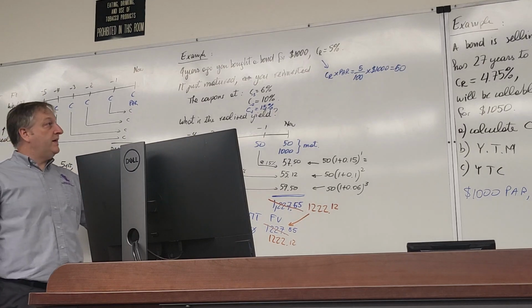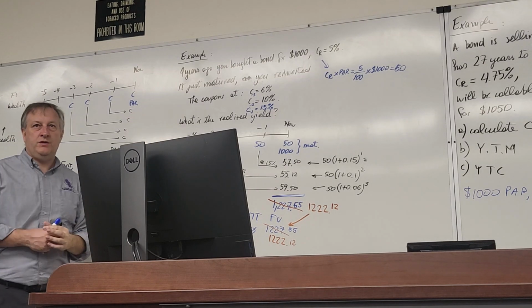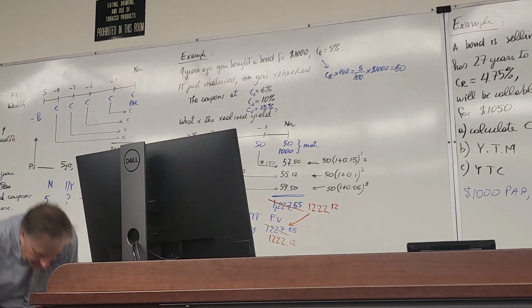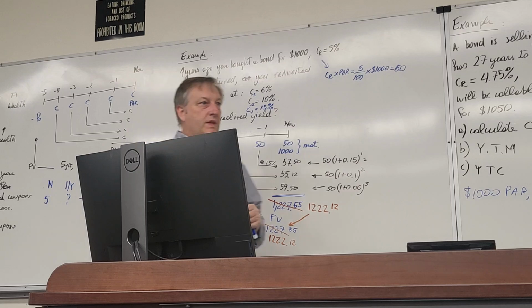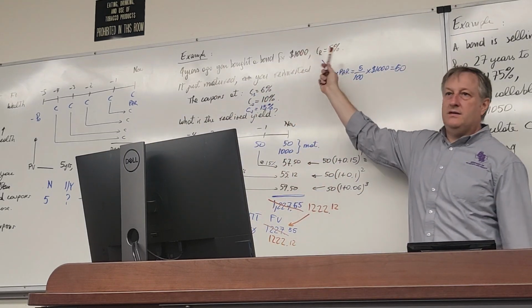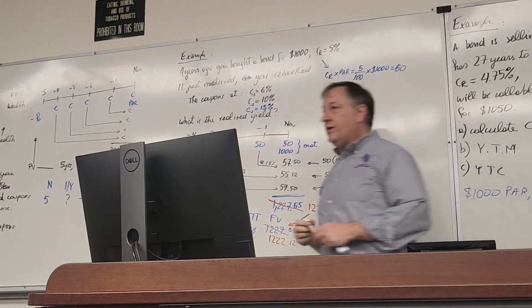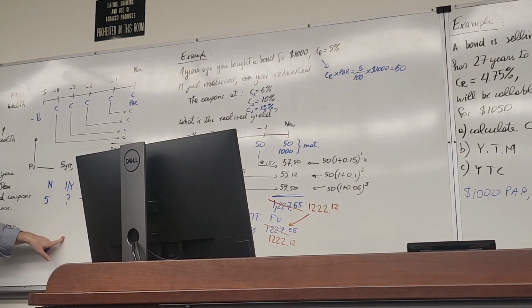In this particular example, what was the yield to maturity of this bond when it was bought? The bond sells at par when the price is equal to par, which is when the yield to maturity is equal to the coupon rate, right?